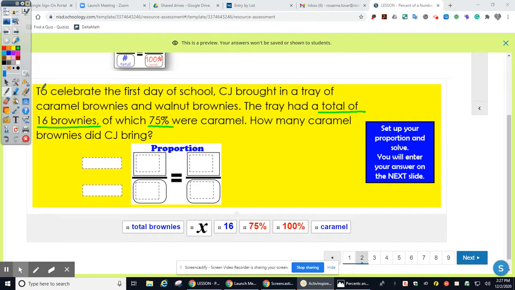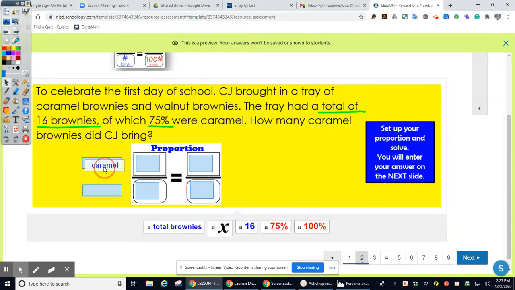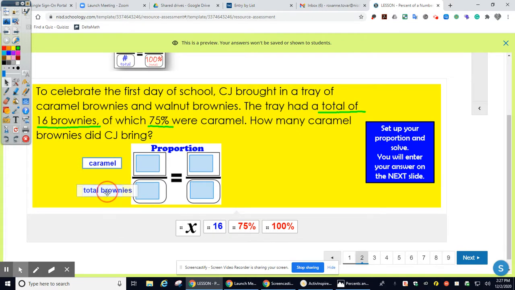Okay, so we're comparing caramel, which is going to be our part, and our total is going to be the total brownies. Again, those labels are going to be really important. Here it says the tray had a total of 16 brownies, so the 16 would go next to total brownies.